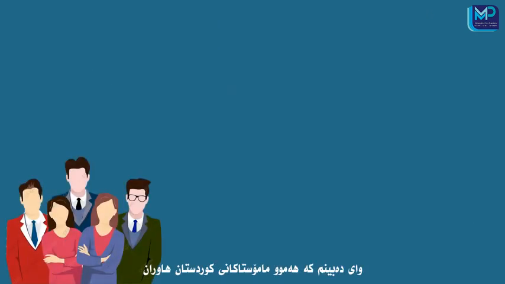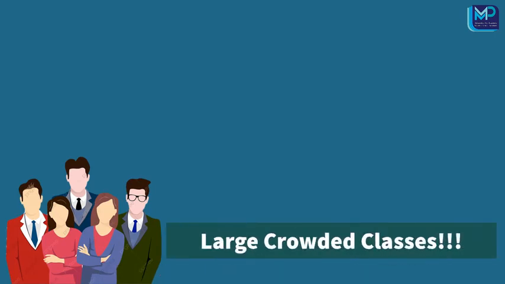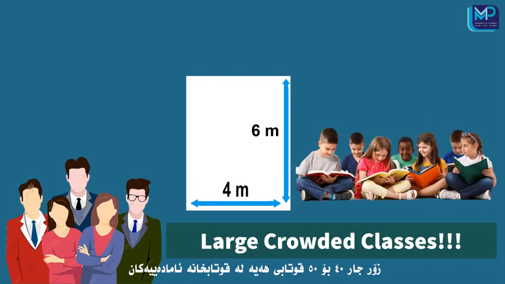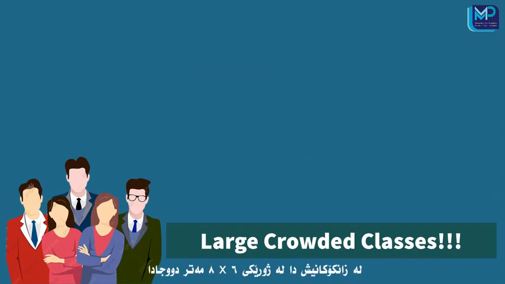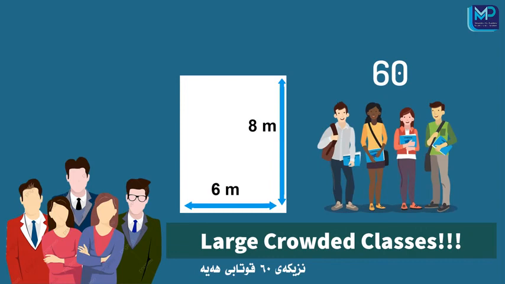All the Kurdistani teachers, I guess, agree that one of the most outstanding problems of teaching is having large, crowded classes where in a room of 4 by 6 square meters, you usually have between 40 to 50 students in high schools, and in universities, in a room of 6 by 8, you have around 60 students.